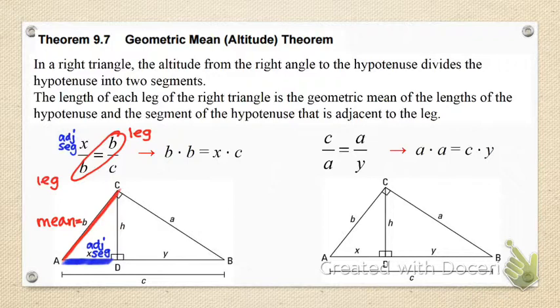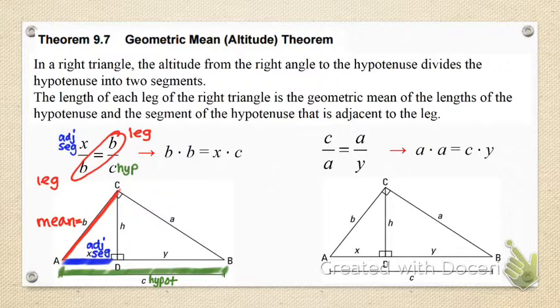Okay, so that's this guy. That's going to be one of the extremes. And the other one is going to be the entire hypotenuse. So the red piece, the leg, is the geometric mean of the little bitty piece of the hypotenuse that's closest to that leg and the entire hypotenuse, the blue and the green.